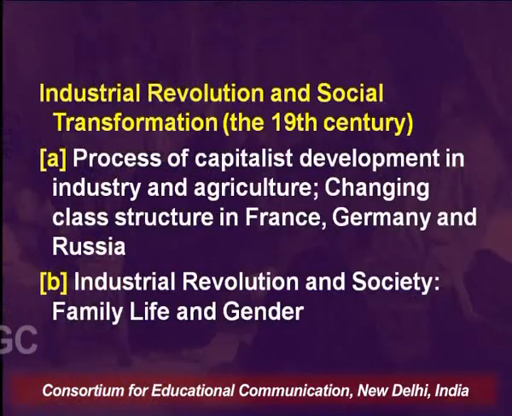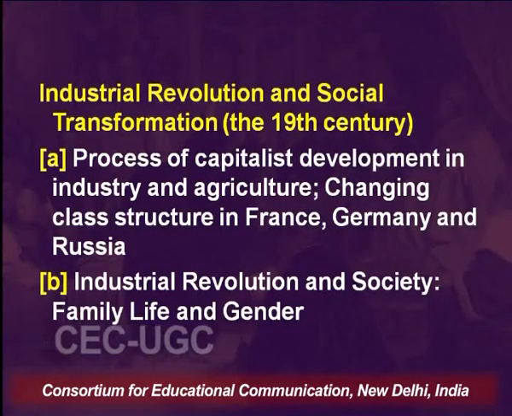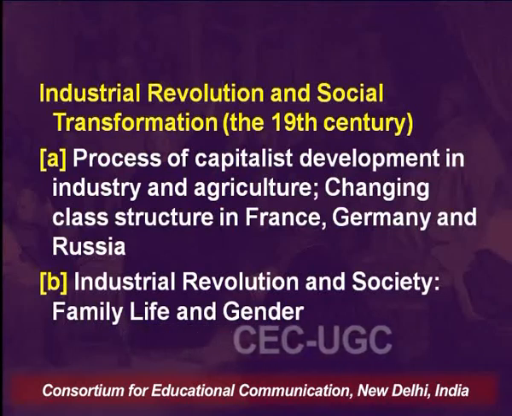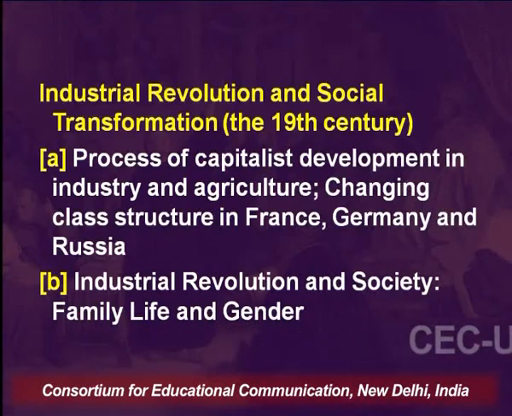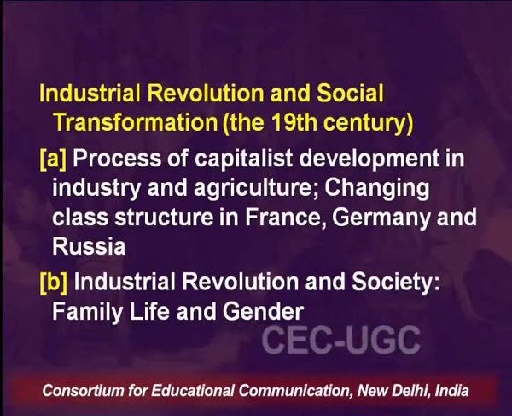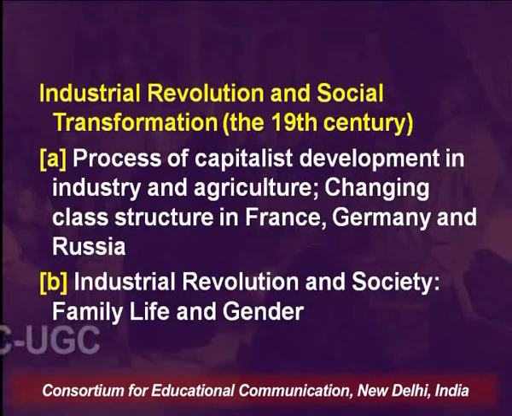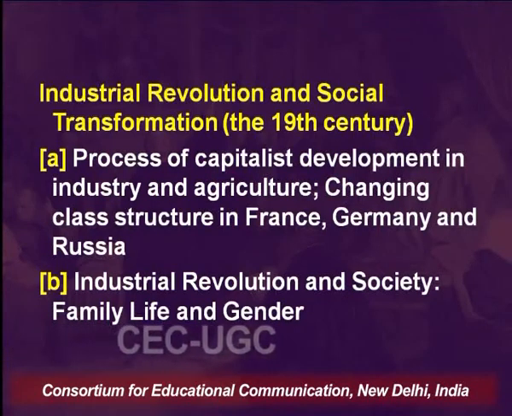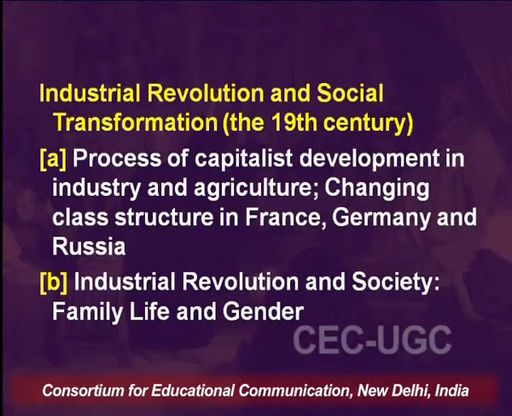For example, in Eastern Europe, the absolutist monarchies of the earlier period actually led to intensification of, I would say, serfdom. In other areas, particularly in western part of Europe, France, Britain, and so forth, it led to some kind of a genuine capitalist transformation.